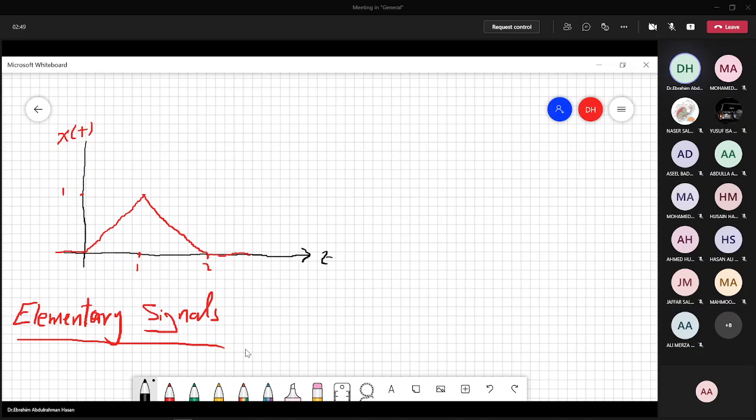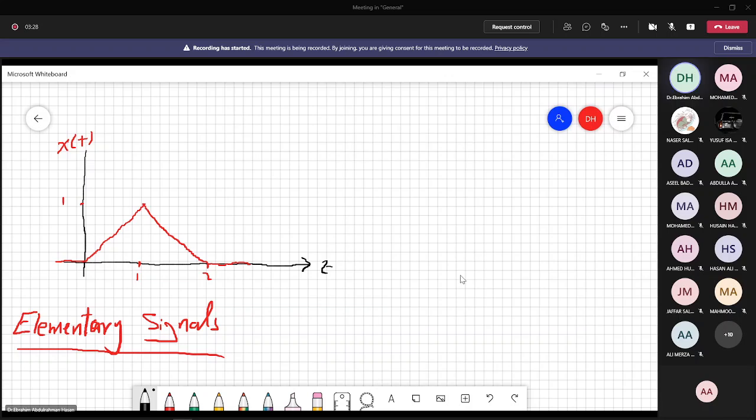If we have a signal x of t, then I can write it as x of t equal to... This x of t, I can write it as: for t less than 0, it is equal to 0.